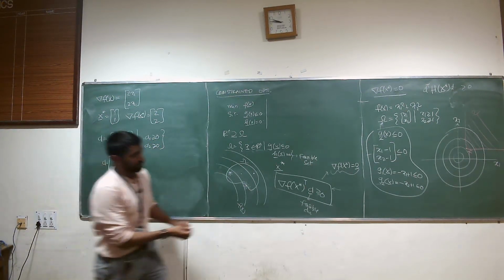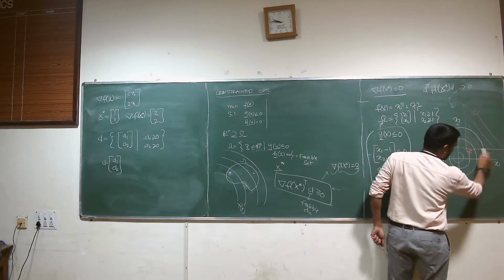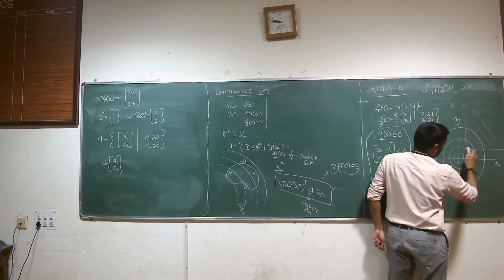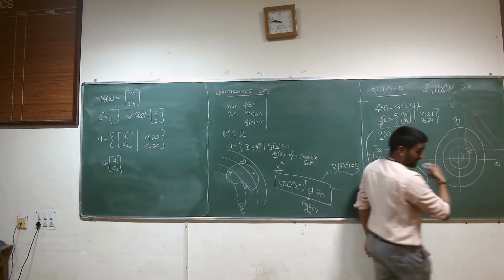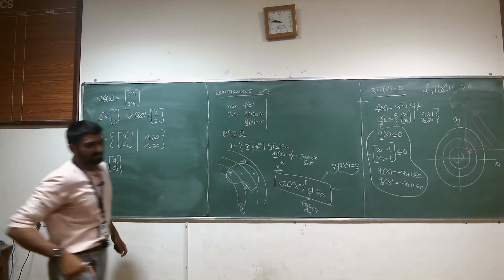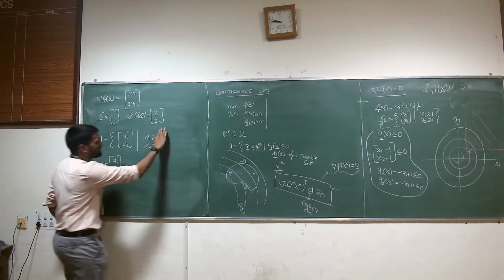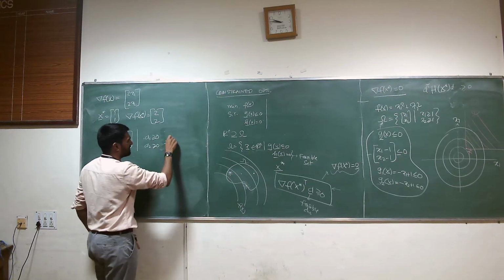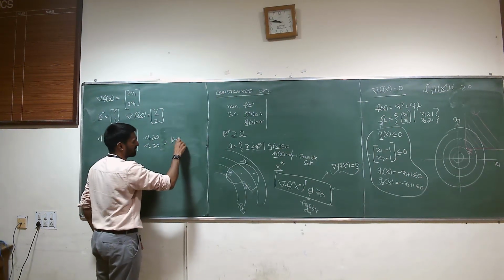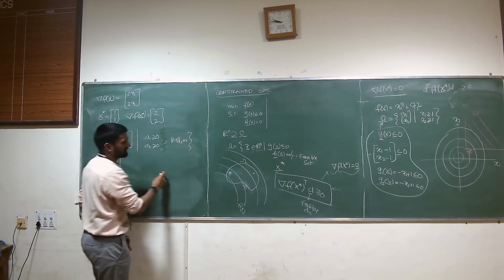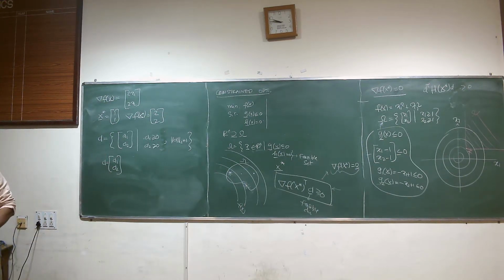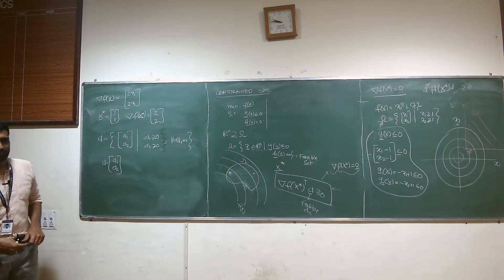That's because here I can move along this direction and still stay in the set. I can move along this direction and still stay in the set. So that is the complete definition. We could add an additional condition saying both of them cannot be zero.